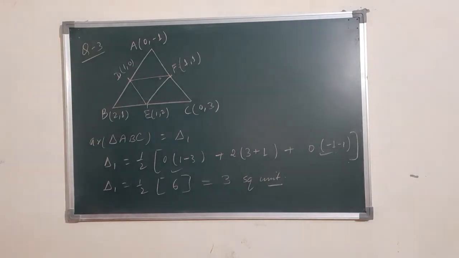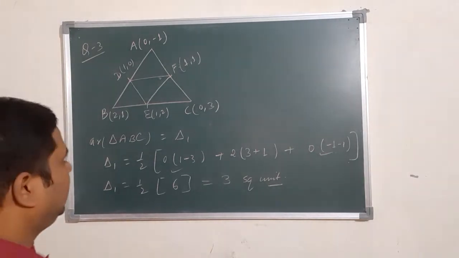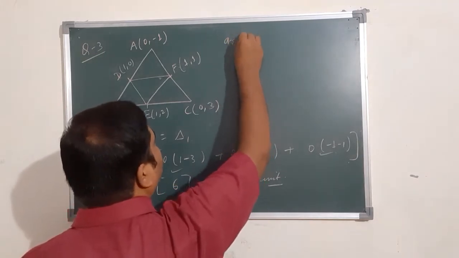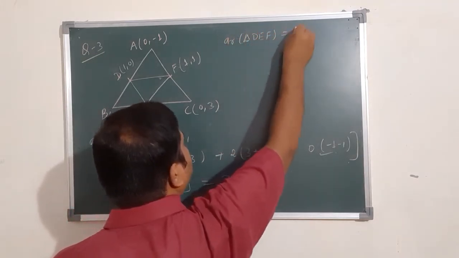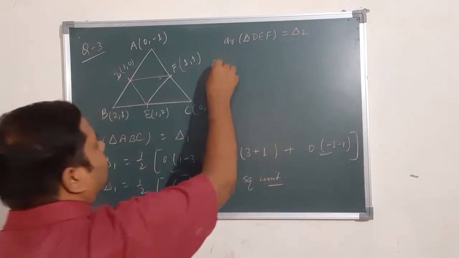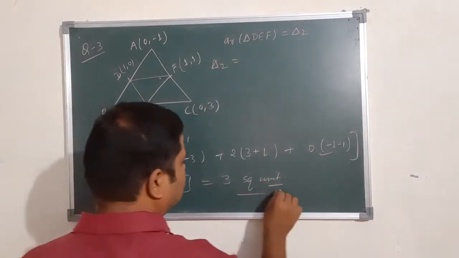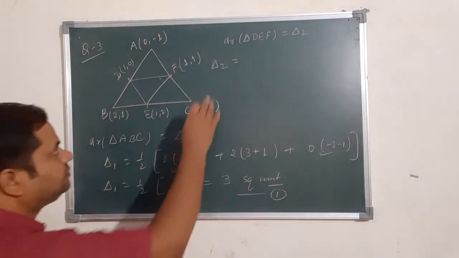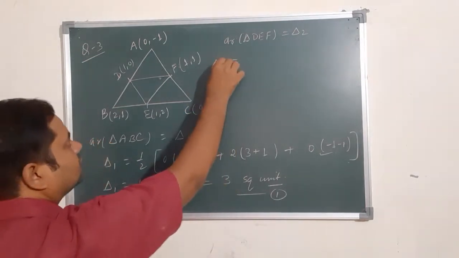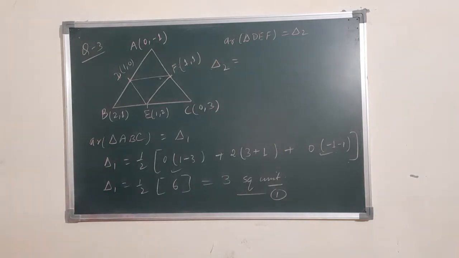Now similarly we can find delta 2, that means the area of triangle DEF. This is supposed to be delta 2, and this is your equation number 1. Delta 2 is the area of triangle DEF.